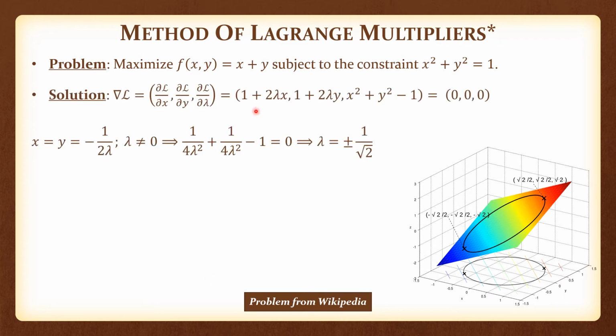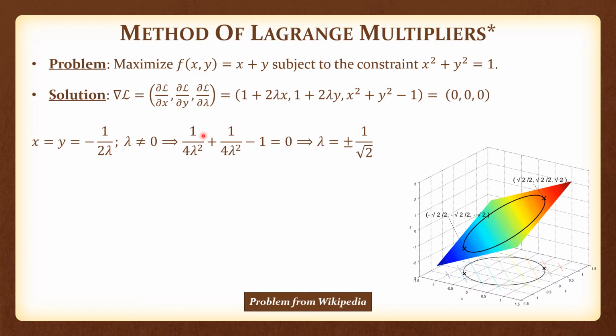From these two equations, you can see that x and y are equal, and they both are minus 1 by 2 lambda. And lambda, of course, is not equal to 0.